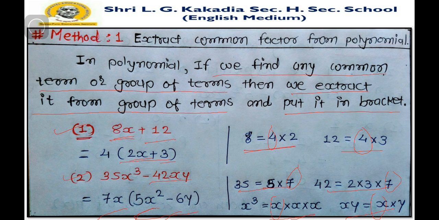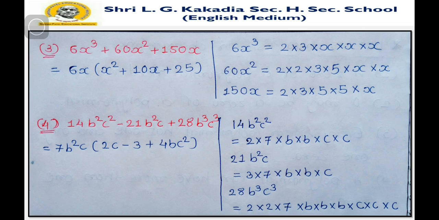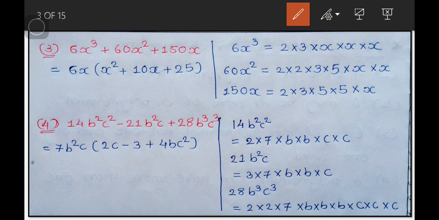Let me explain with more examples. Here two examples are given. Now the third one is 6x cube plus 60x square plus 150x. Now we factor each term and then find the common factor from it.